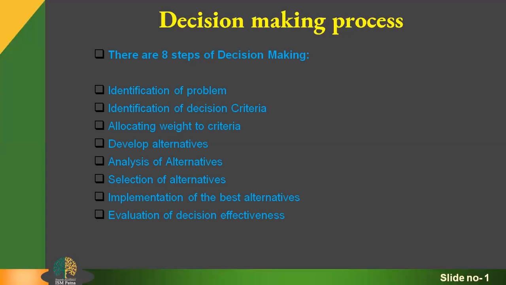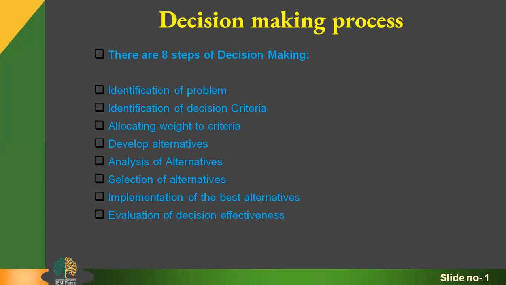First of all, the problem has to be identified, regarding which we have to make decisions. First of all, this is important. Then, if the problem is identified, decision making to bring a solution to this problem will have to be carried out on the basis of what criteria?